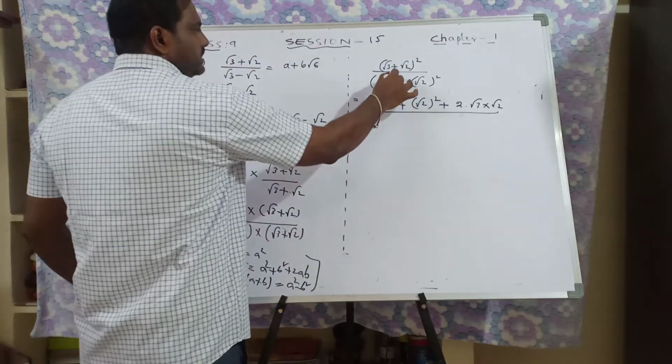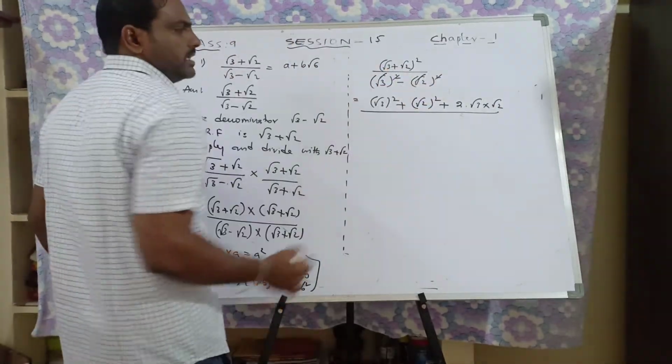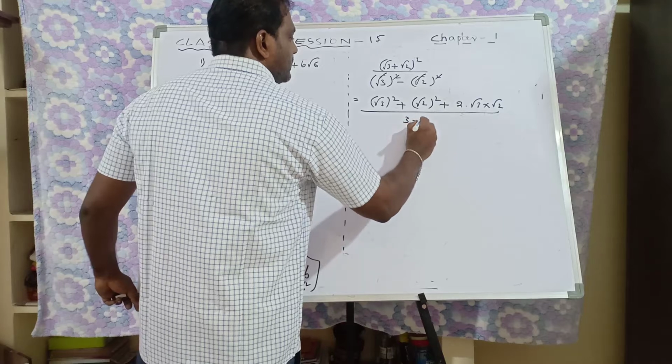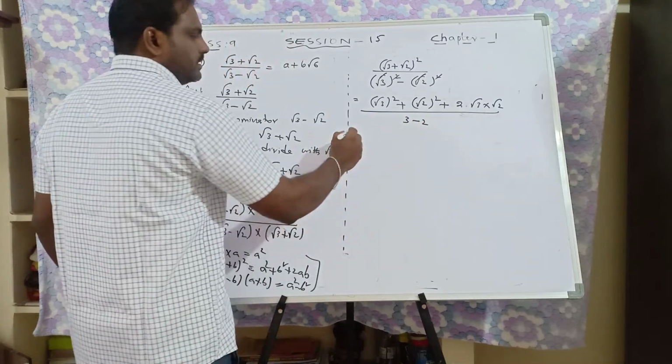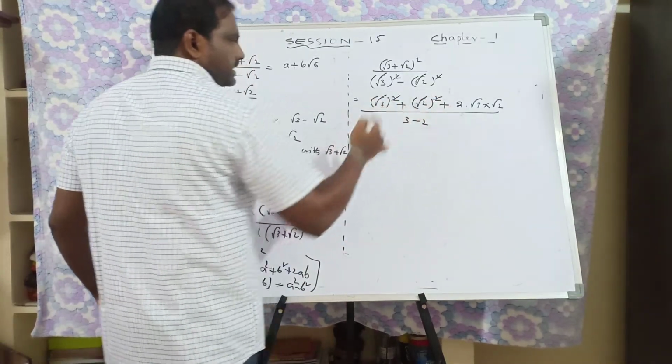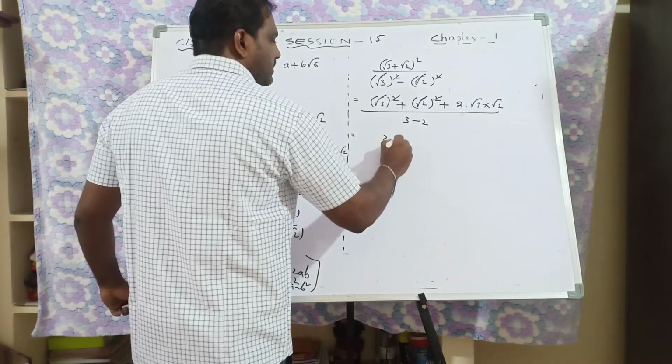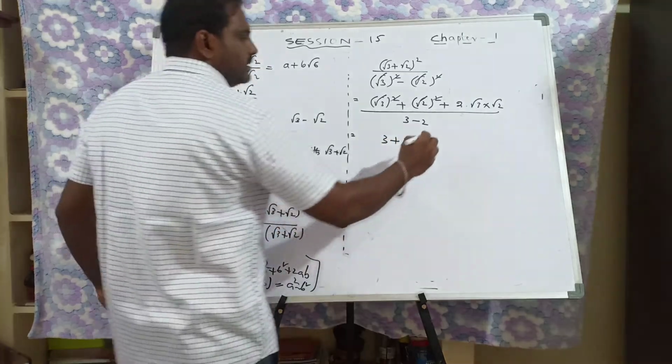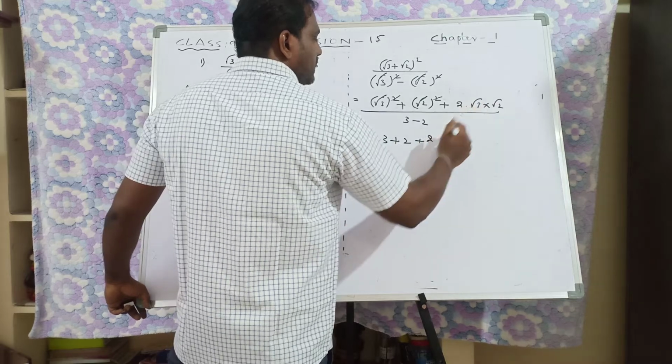In the denominator, the square and square root get cancelled, and we get 3 minus 2. In the numerator, the square and square root get cancelled, so I will get 3 plus 2 plus 2 into root 3 into root 2.